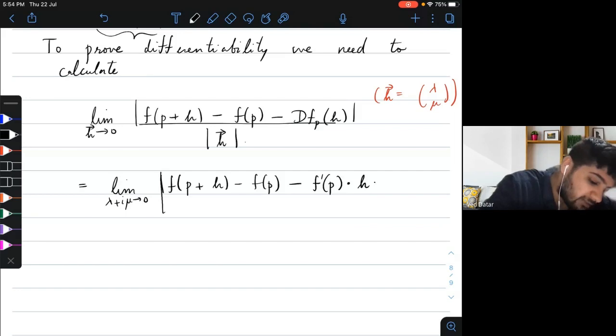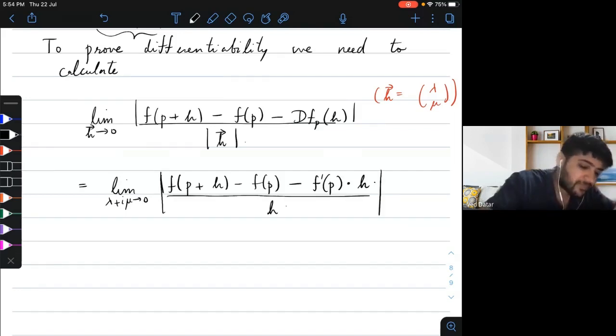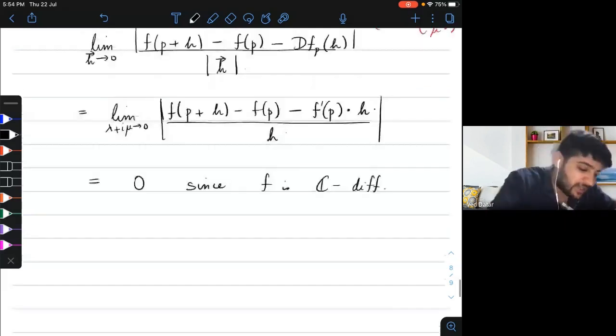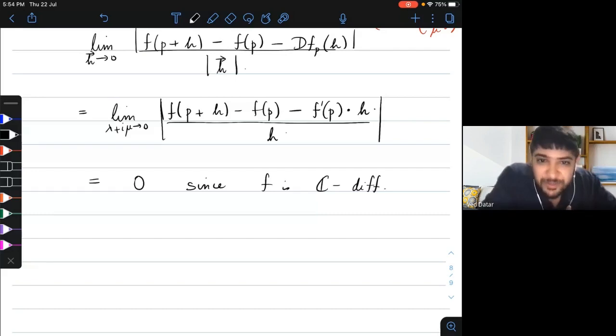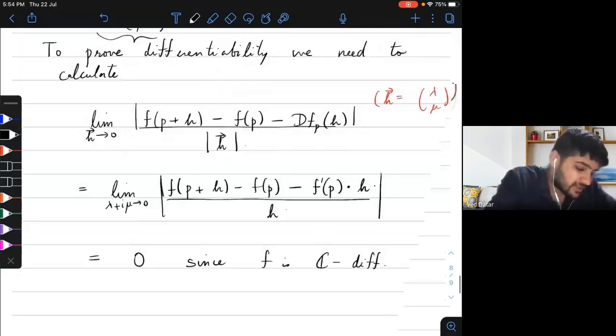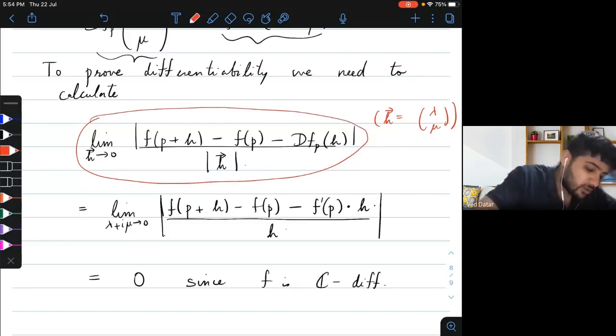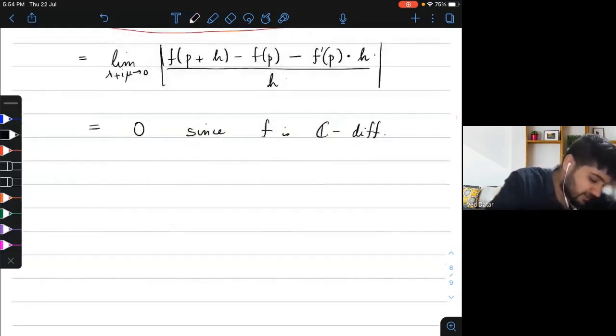And then you're taking the modulus of this. But this is precisely 0 since f is complex differentiable. Okay, so complex differentiability implies that this limit is 0. So we have shown that our original limit is 0, which implies that f is R differentiable.